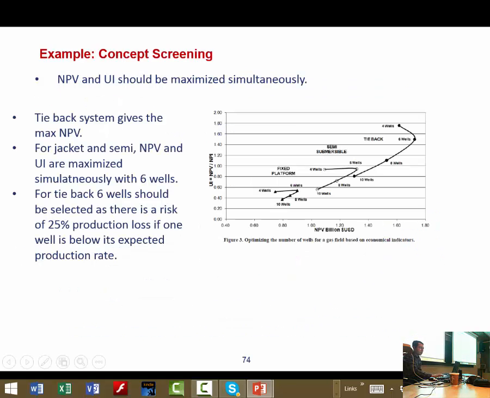In the previous slide, as you can see, semi-submersible is here because we have assumed that we need 3 years from sanction of the floating production unit construction up to first production. We need 3 years for all of them. But actually, semi-submersible takes on average 5 years.